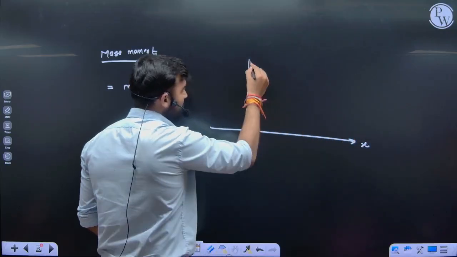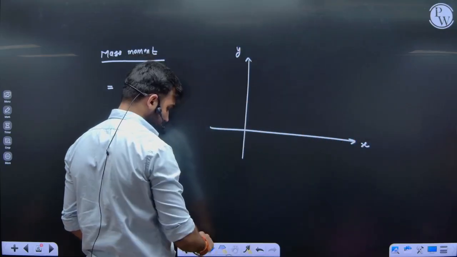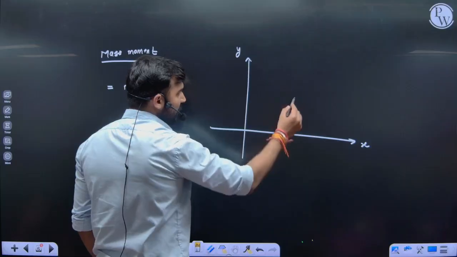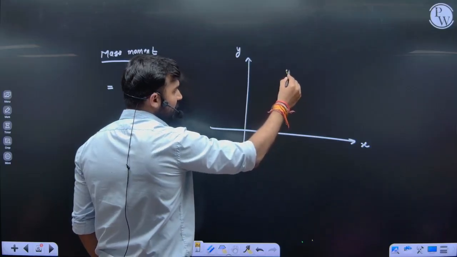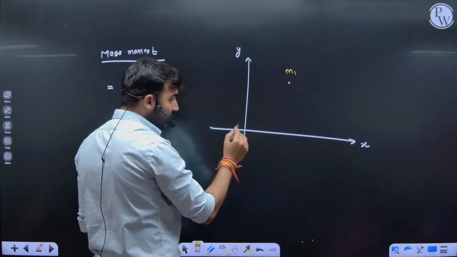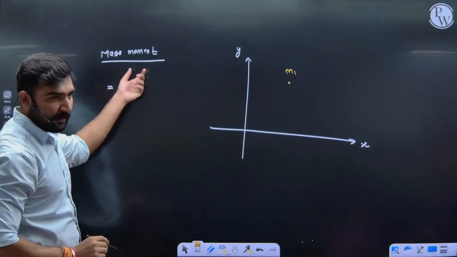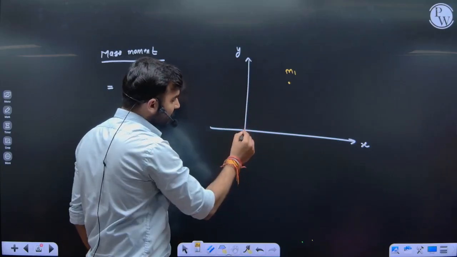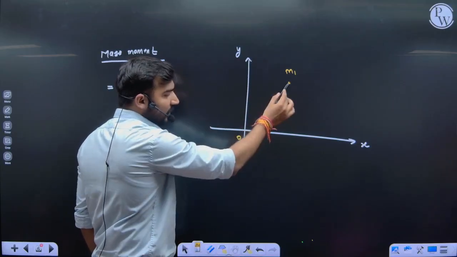This is the x axis, this is the y axis. Everyone, please see. Let's say we have this point mass m1, with its x coordinate and y coordinate, and this is the origin. I want to write the mass moment of this.